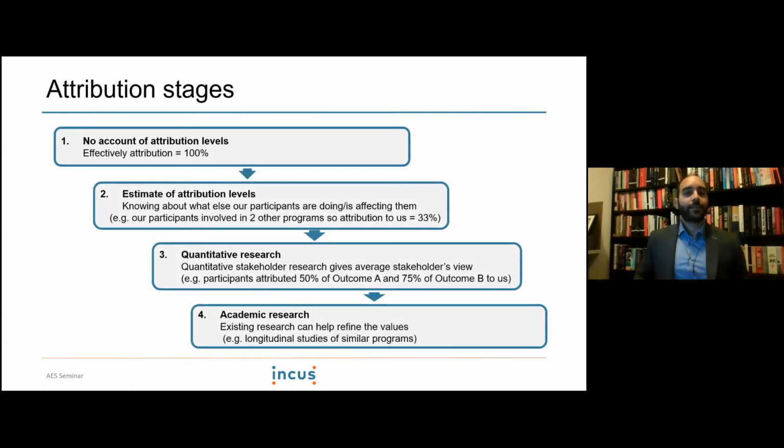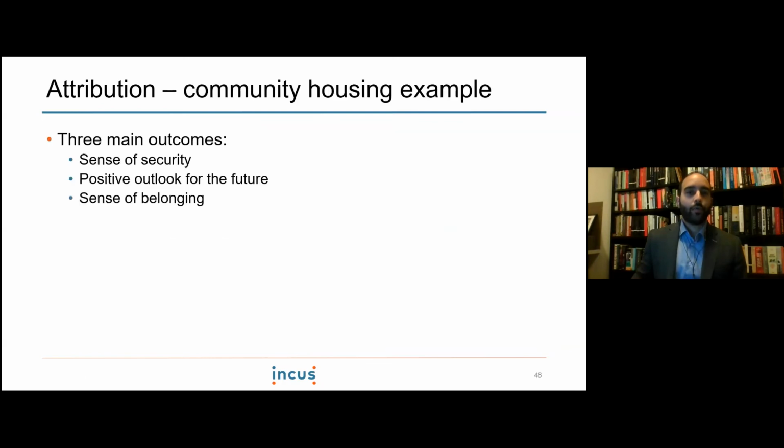So it'll always be an estimate, and things we can do is try to work out what else our participants are doing or is affecting them, and that was one of the questions back in the first couple of slides about how to engage with stakeholders, is trying to understand what other things people are involved in, trying to do some quantitative research, trying to work out what people's views are of the particular program we're looking at, and looking at some existing research to give us a sense of what programs like this might be contributing, if there's a longitudinal study, for example.